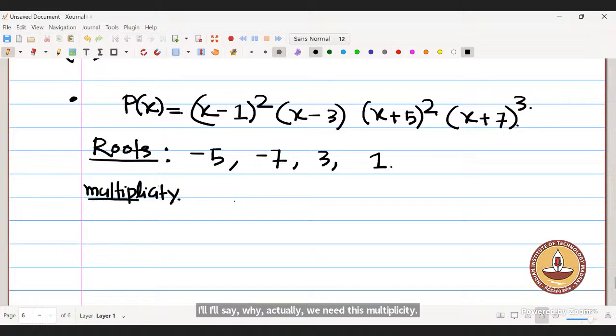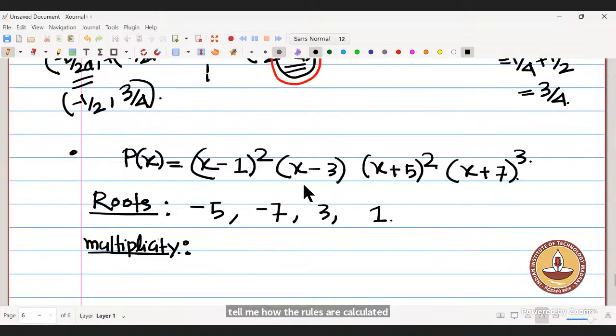I have not yet gone through this in the tutorials. Can you please tell me how the roots are calculated? It's already given in the polynomial, right? See, I said in the beginning that you simply can't draw any polynomial unless you know the roots.